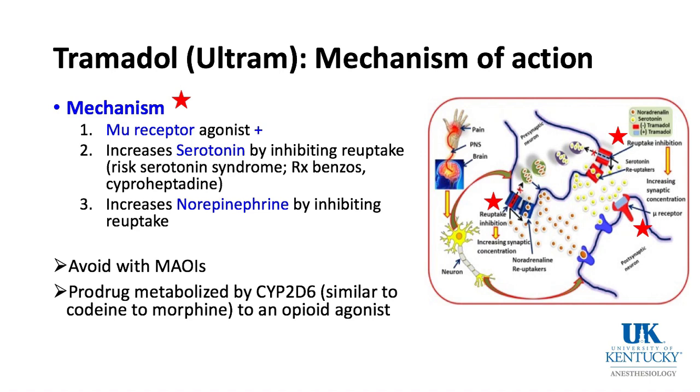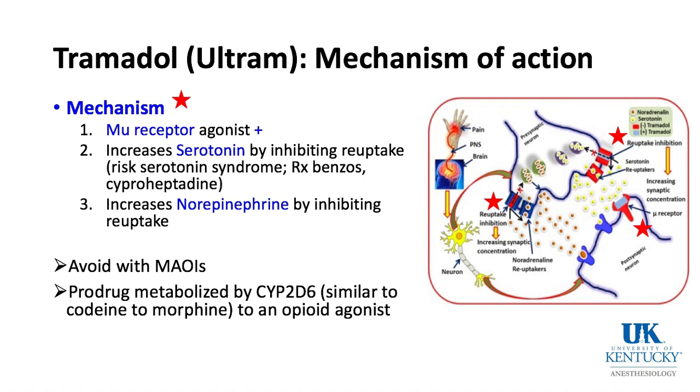Reuptake inhibition of norepinephrine is one thing that it does. So norepinephrine levels go up. Its reuptake is inhibited, so norepinephrine concentration rises. At the top right, you can see that serotonin reuptake is inhibited, so serotonin goes up.